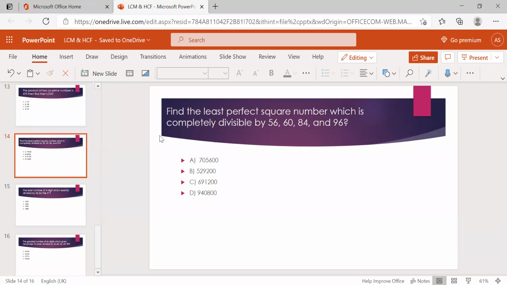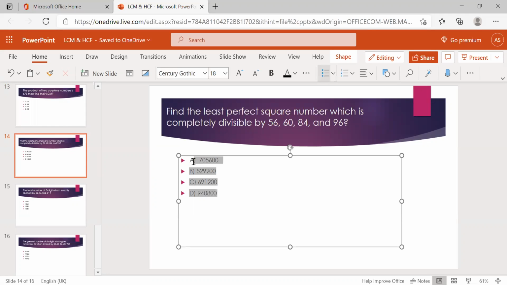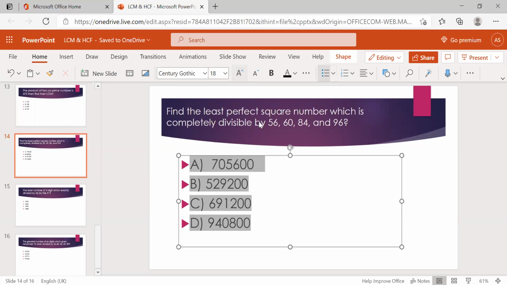Now next, find the least perfect square number which is completely divisible by 56, 60, 84 and 96. See the question, what they're asking. Find the least perfect square number which is completely divisible by these four numbers, right? By saying itself it is a little bit difficult.